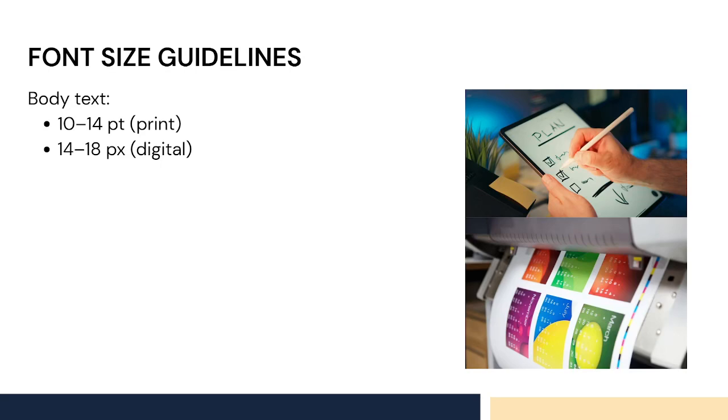So you pick the one that is suitable for your project. For a basic design, let's say a flyer, you can use between 10 to 14 points for a design that will be printed, and 14 to 18 points for a digital format.